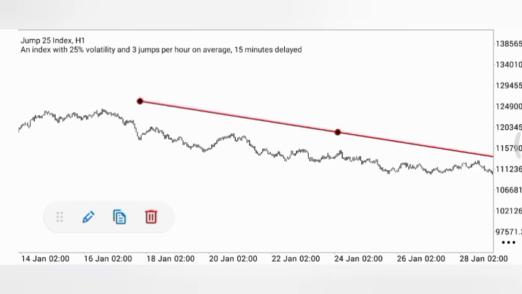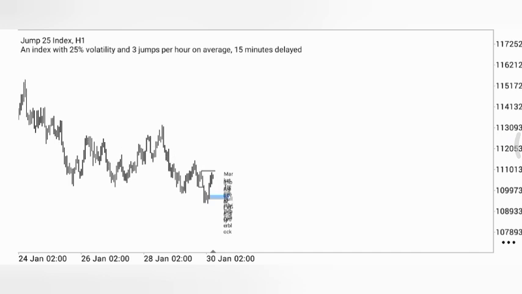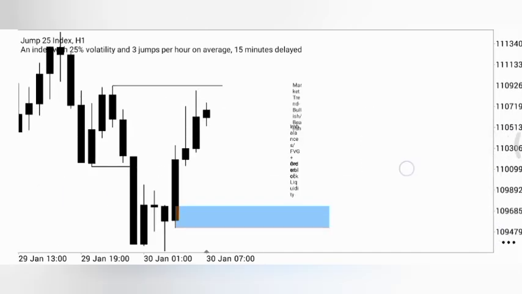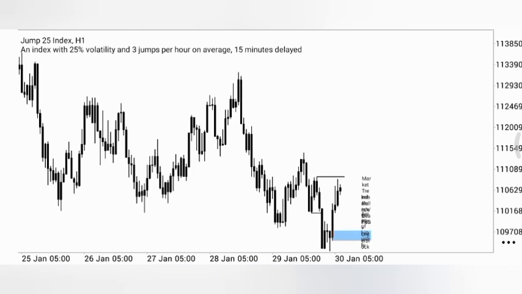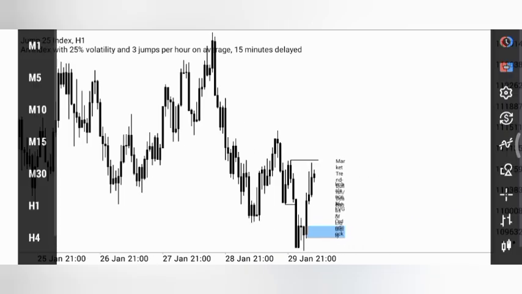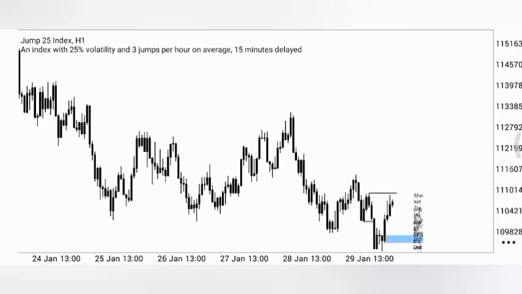All the way from here. It doesn't literally mean you are forced to take sales only, but it's better to wait for sales unless we have an indication that price has reversed or is going to reverse, right?